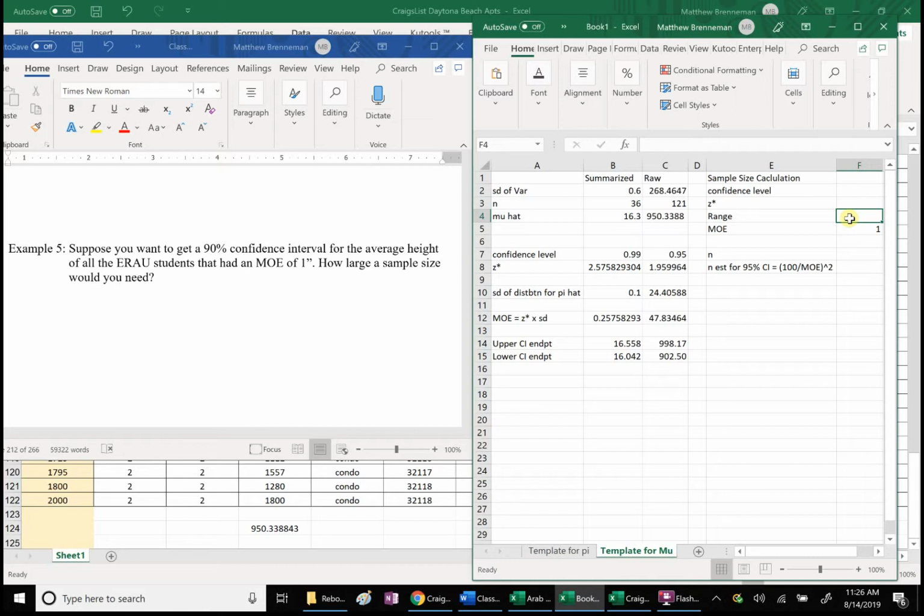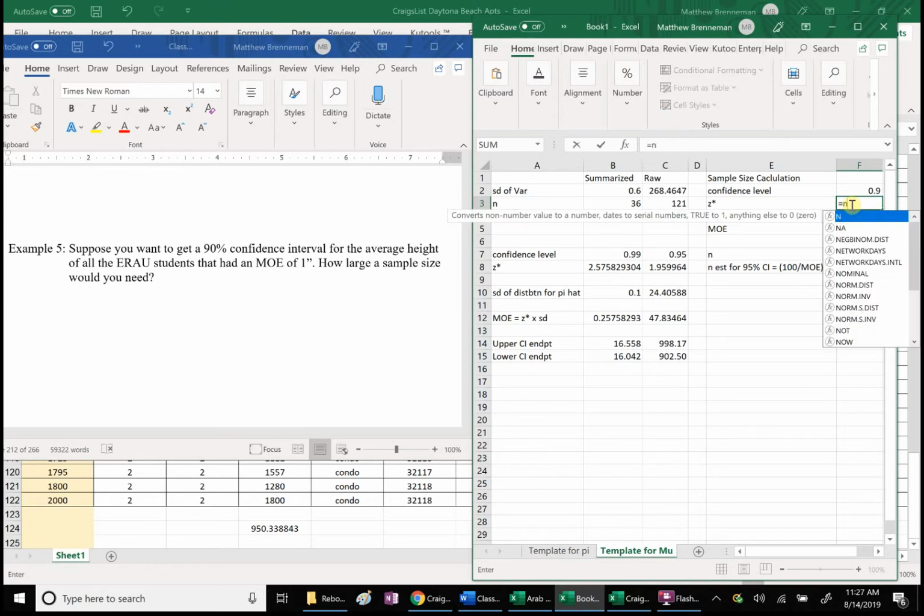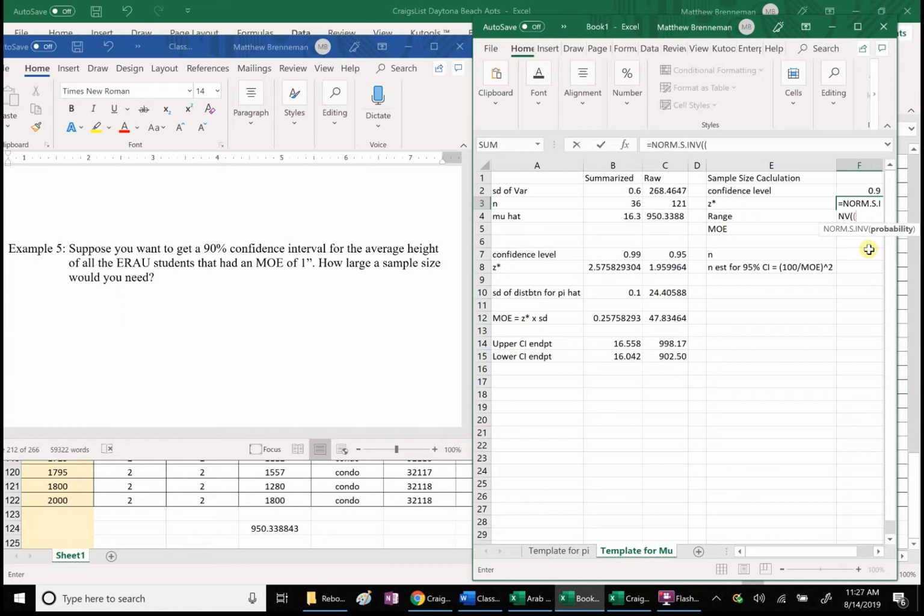Let's assume people can go from 5 feet to maybe 6.5 feet, so that's 18 inches. Again, it's a little subjective. That's okay. My confidence interval is 90%, so I put 0.9. I compute the z-score the same way. It's NORM.S.INV, and I'm going to add 1 to the confidence level, divide it by 2, and do that computation.